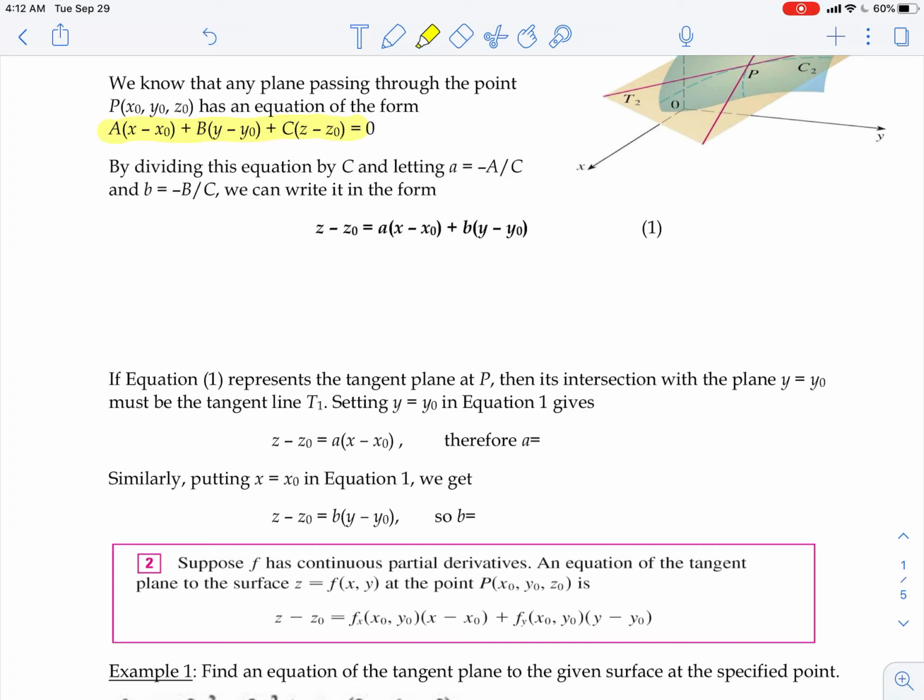All we did was rewrite what's highlighted in yellow to give us a different form. Now, we want to know what a and what b are.